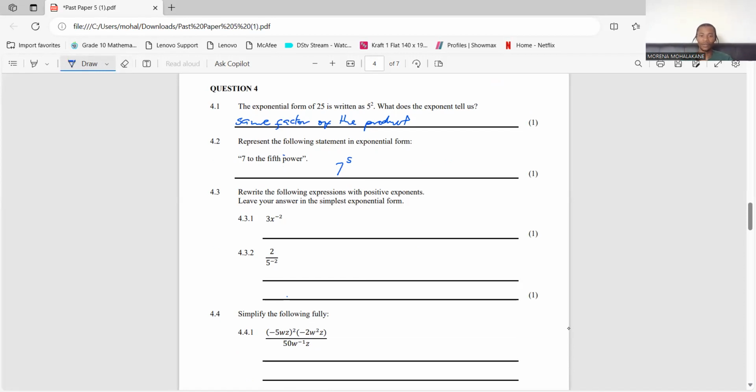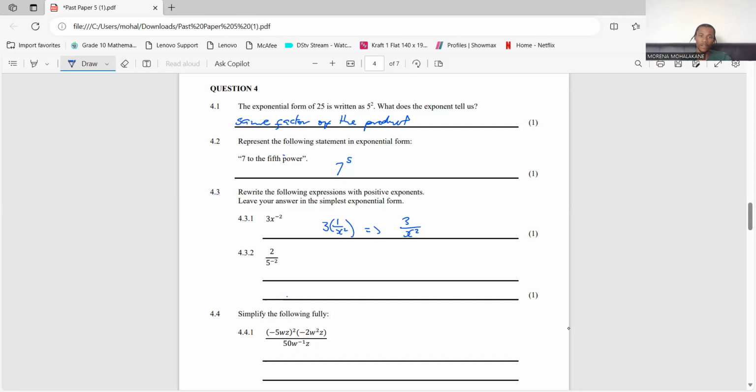Rewrite the following expressions with a positive exponent. You are given 3 times x exponent negative 2. This is the same as 3 multiplying 1 over x exponent 2, which is 3 all over x exponent 2.